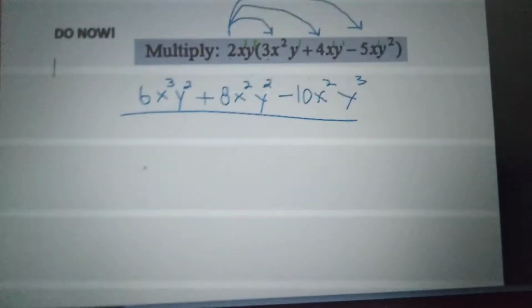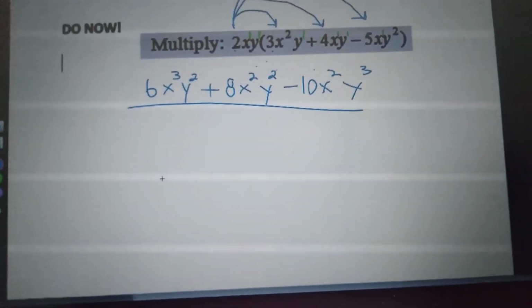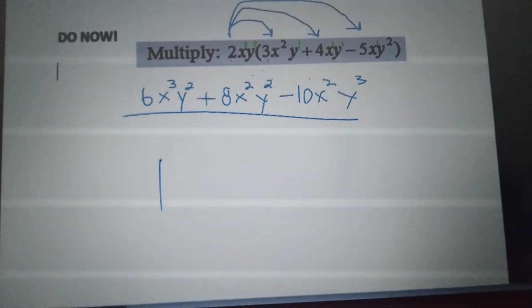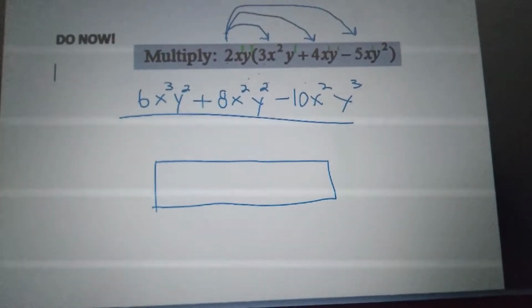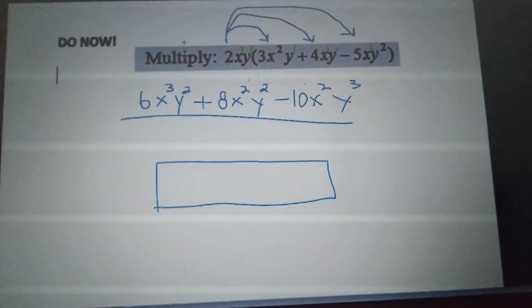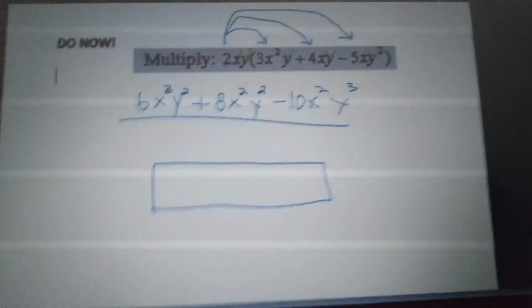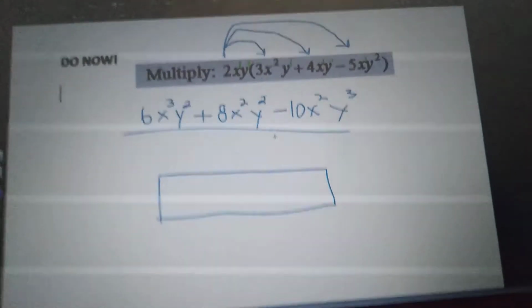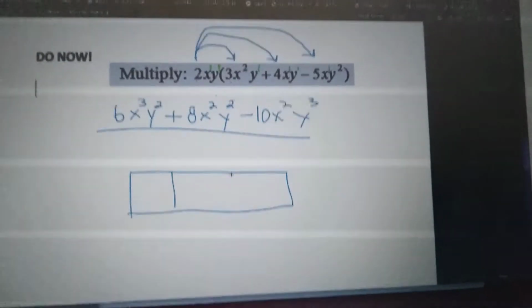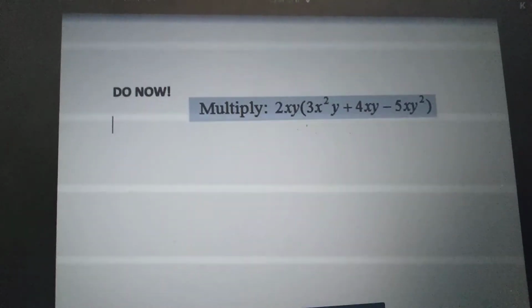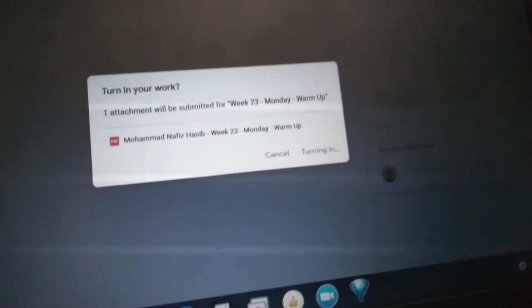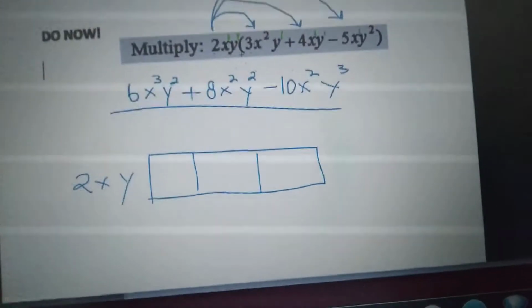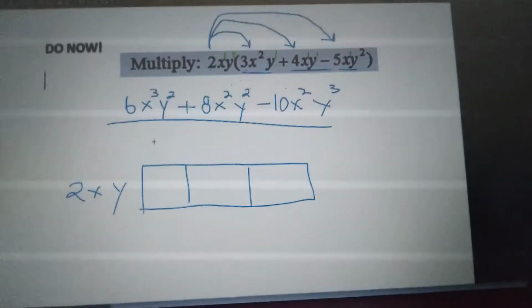So I don't know if we remember last week. Last week when I showed you how to distribute, I showed you how to distribute 2 ways. I showed you go term by term, distribution, right? Yes? But then I also showed you another way where you did like a box. Do you remember this? We set up a box. So the outside term would go right here, 2xy, and then all the terms on the inside went on top of the box.